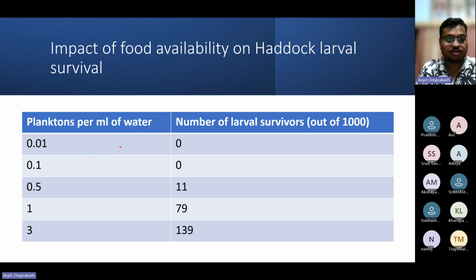But if you keep increasing the plankton concentration, the fish larvae also keep increasing, because these planktons act as food for the larvae of different fishes such as anchovies or haddock. So if the concentration of planktons is increasing, the number of larvae that are surviving is also increasing. This helps sustain the population.